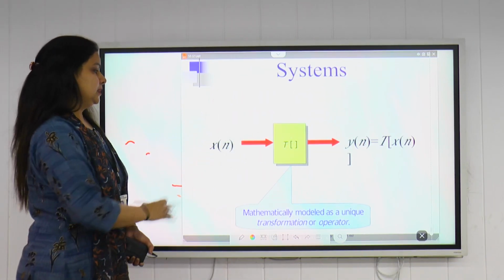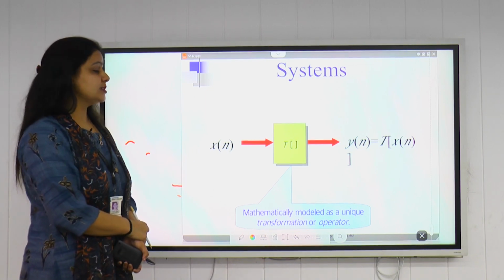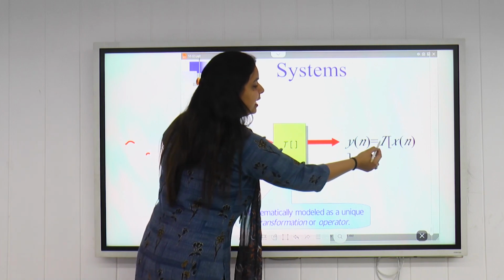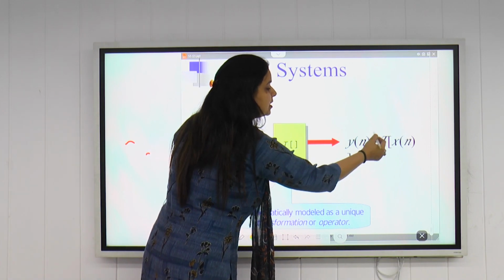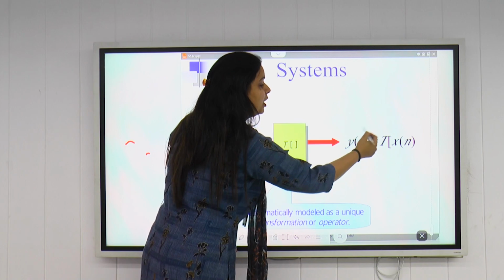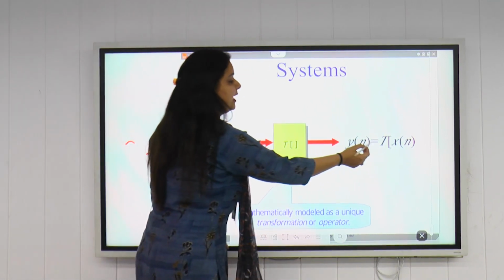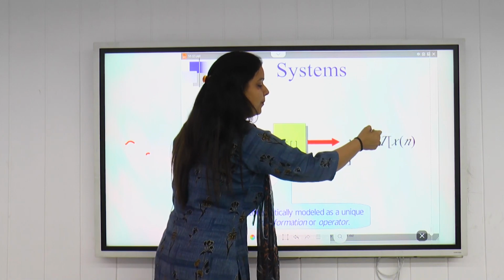Starting with this, this is basically how we denote the system. So this is x of t, here we have y, and here we have T. T means the system is performing an operation on the signal x of t. y is equal to T of x, this is used as a transform.